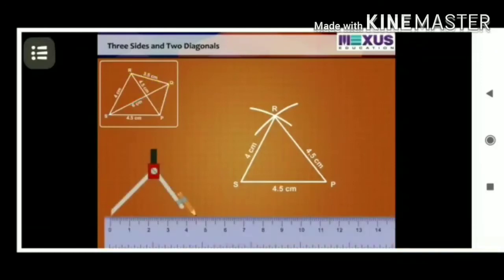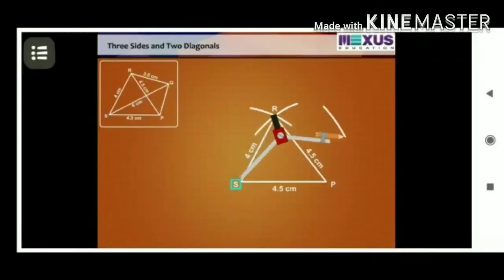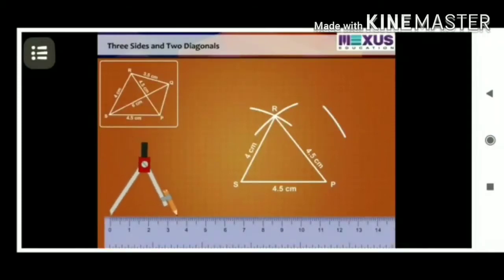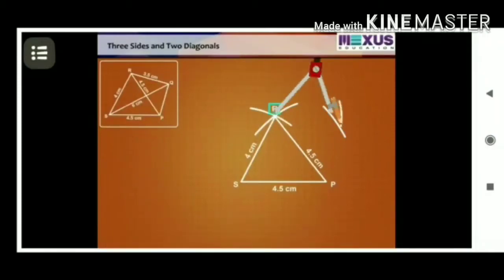Step 2. Draw an arc of radius 6 centimeters with S as center. We would get Q somewhere on the drawn arc. Step 3. Now draw an arc of radius 3.5 centimeters with R as center. We would get Q somewhere on this drawn arc also.